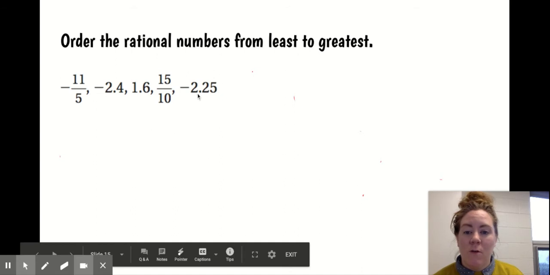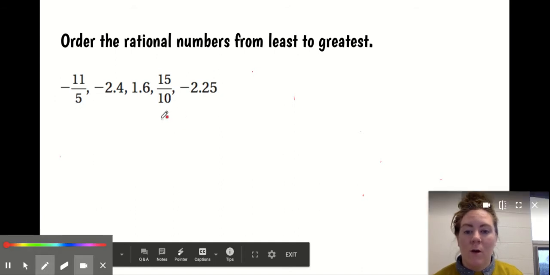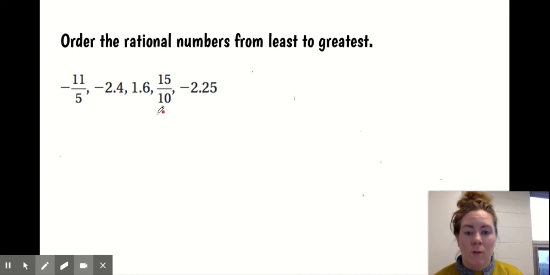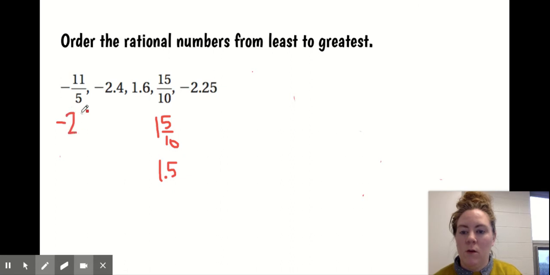I've got 3 fractions already, and these ones are easy to convert, so I'm going to go ahead and go with decimals. 15/10, that's an improper fraction, 1 5/10, which is 1.5. -11/5, that's also an improper fraction, so that would be -2 1/5. 1/5 can be written as 2/10 because I multiplied this by 2 and this by 2, so that would be -2.2.